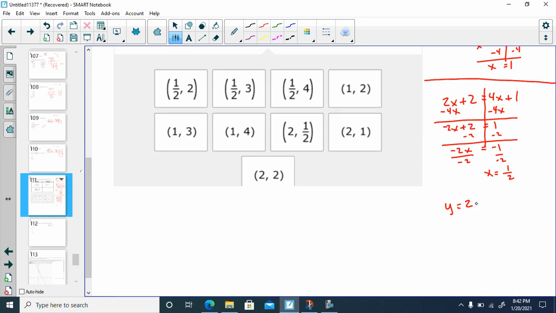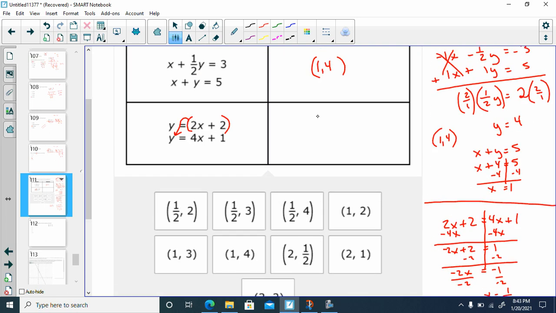And if our x is 1/2, y is equal to 2 times 1/2 plus 2. 2 times 1/2 is 2/2, which is 1, plus 2, so y is equal to 3. This coordinate would be 1/2 and 3, okay? And we've got a 1/2 and 3. Let's go to the next one.